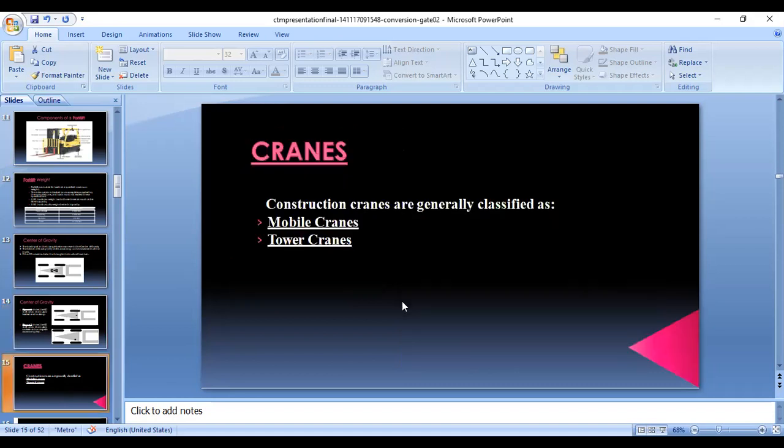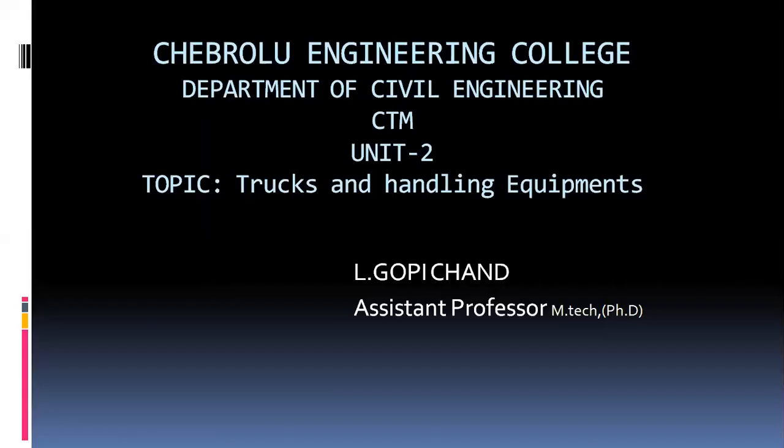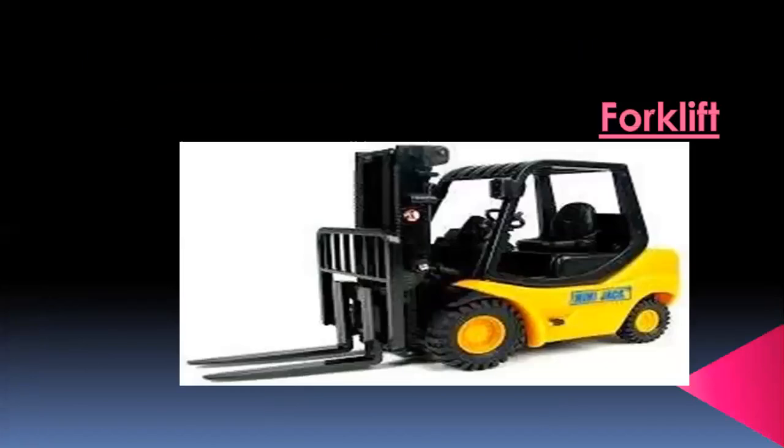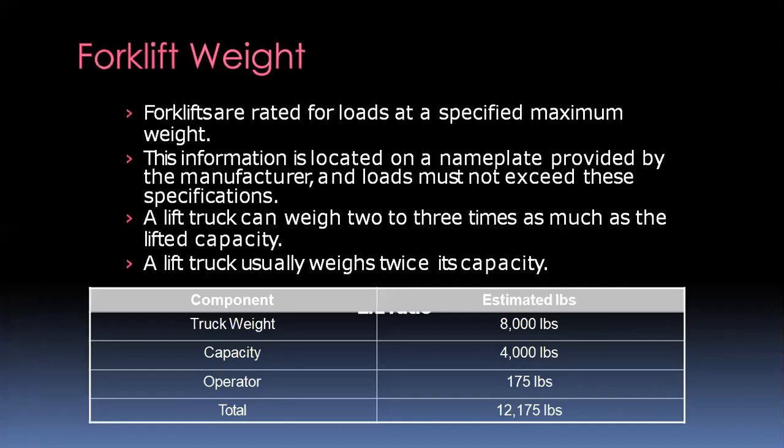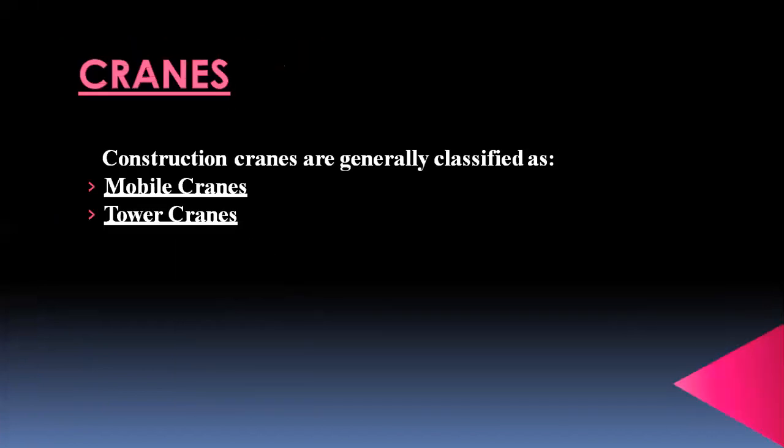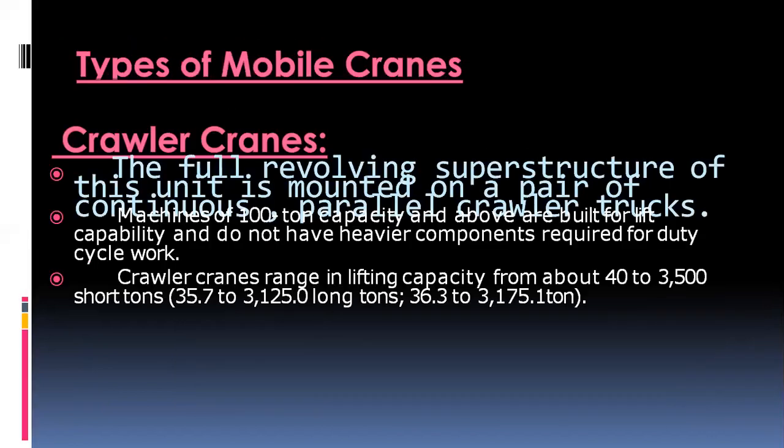Cranes. Construction cranes are generally classified as mobile cranes and tower cranes. For crawler cranes, the full revolving superstructure of the unit is mounted on a pair of continuous parallel crawler tracks.